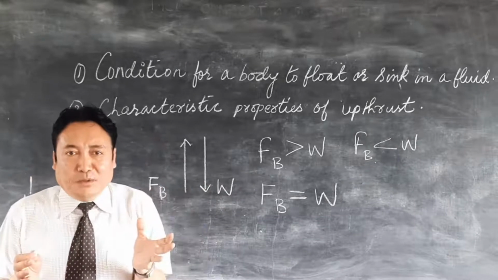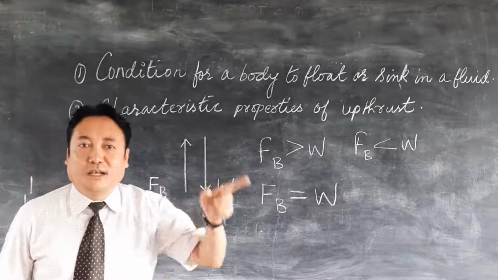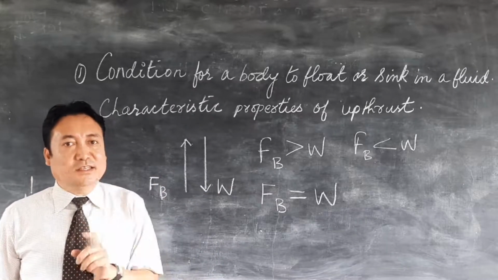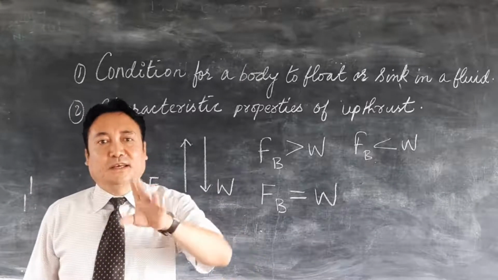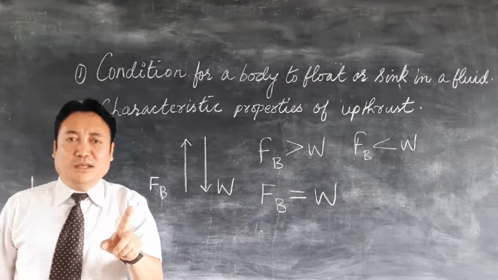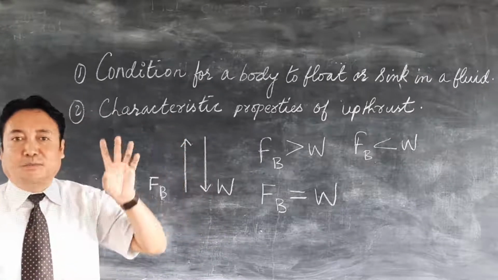So the larger the volume of the body immersed or submerged in the fluid, the greater will be the upthrust. And the first one is that the upthrust always acts in the upward direction.